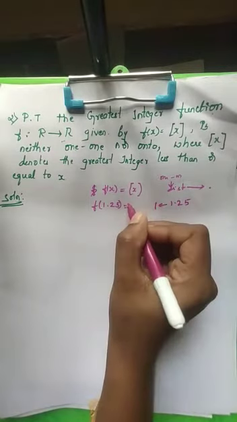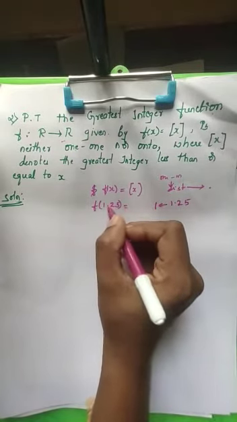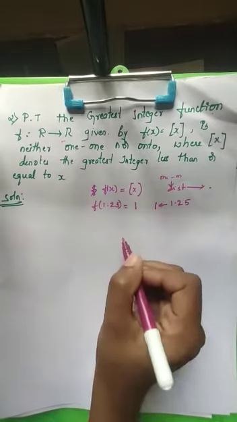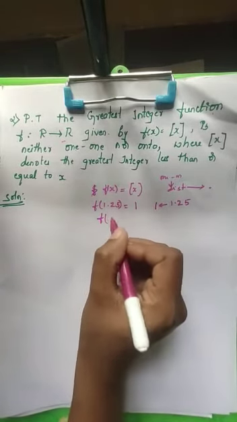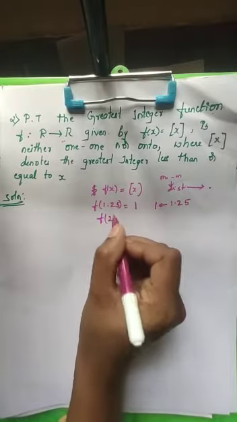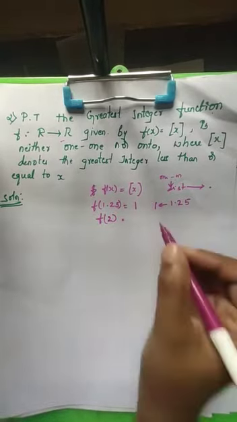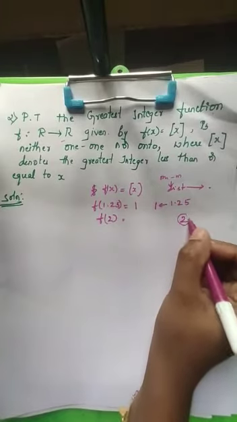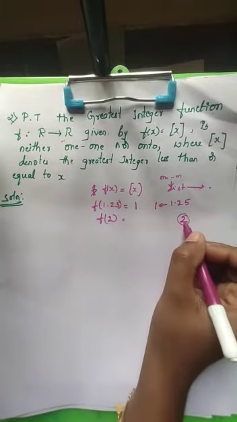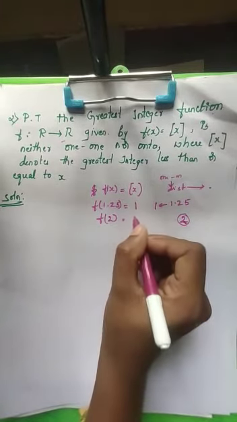It is 1. So the greatest integer of 1.25 should be 1. Now coming to f of 2: what is the greatest integer less than or equal to x? If you take 2, 2 itself is an integer, so this is itself the greatest integer, so that becomes 2.